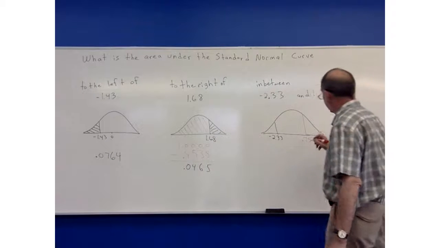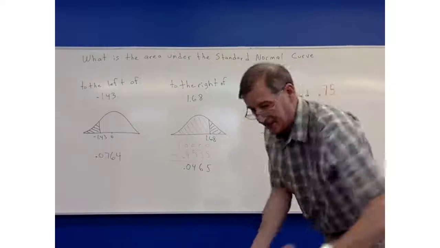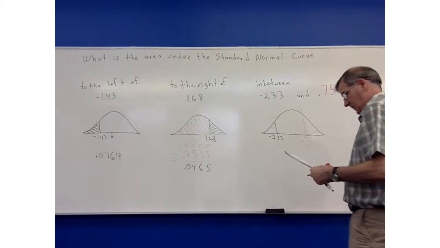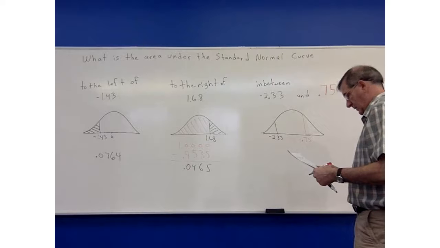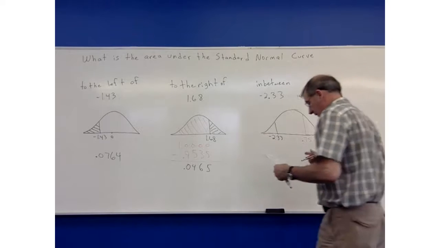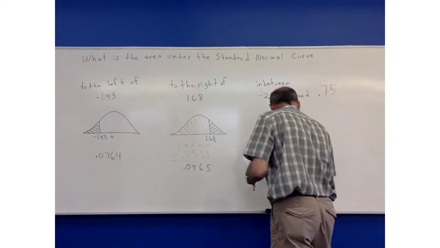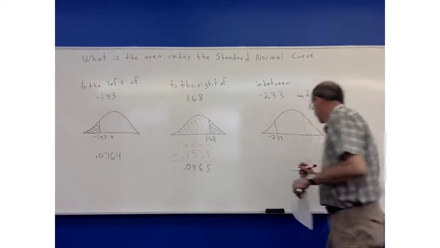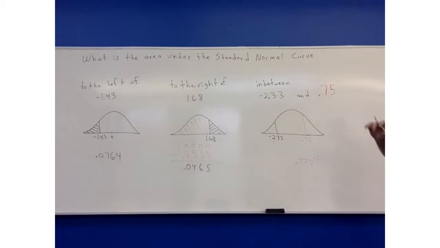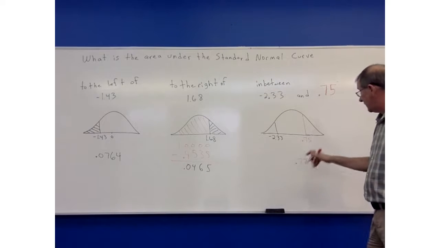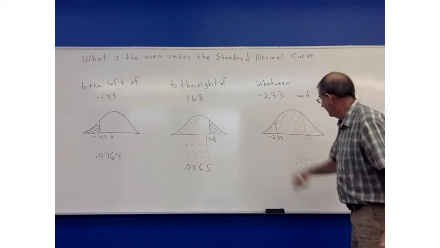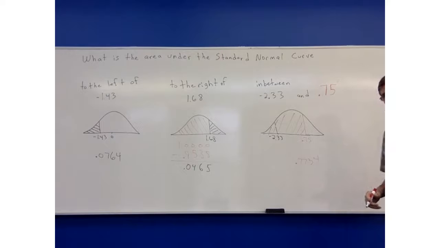Well, if I look the 0.75 up, I get 0.7734. What area is 0.7734? It's everything to the left of 0.75.